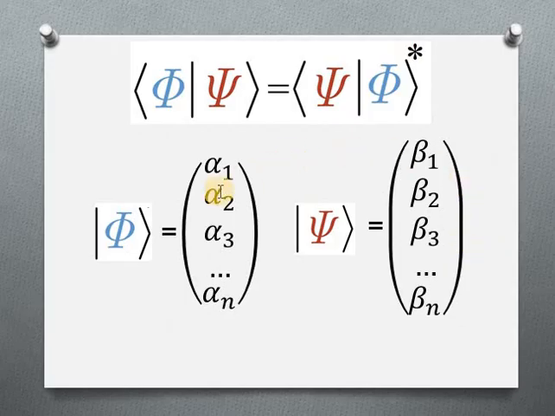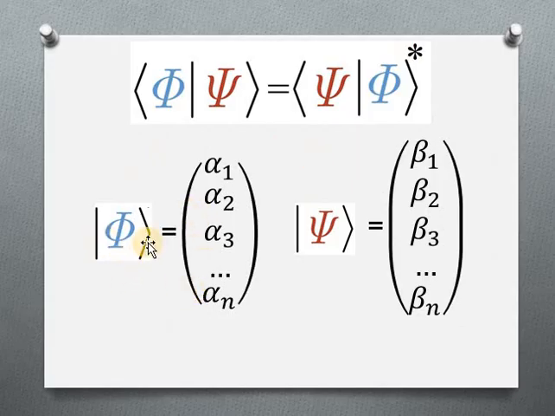But in the same way, consider what is going to be bracket psi phi. In that case, your phi will remain as the column vector, and your psi is going to become the row vector, the counterpart from the dual space. That means your betas are now going to be converted into their complex conjugate counterparts, and you have to write them in row form in front of your column vector, which is your phi.